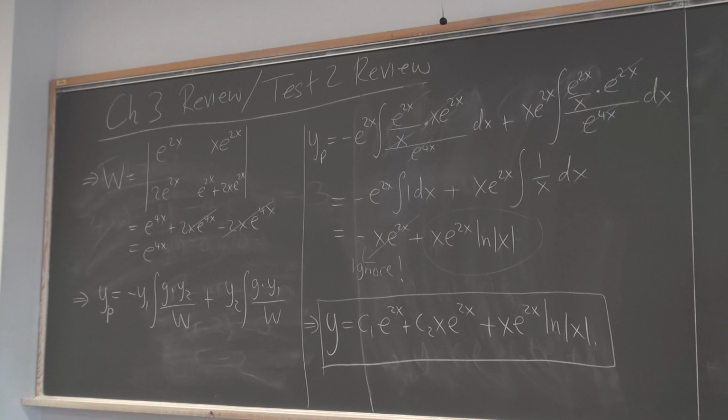All right, so what was the question? It's y double prime minus 4y prime plus 4x cubed y is equal to 0, and y1 is equal to sine of x squared.